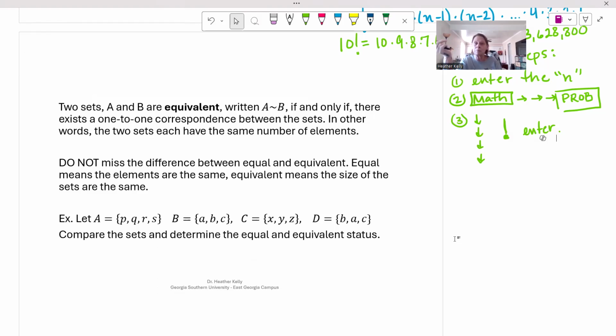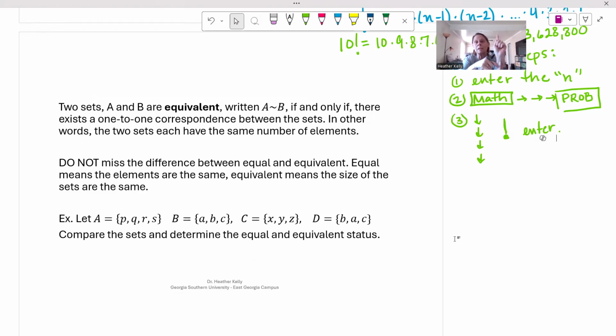And let's remember, what does it mean to have a one-to-one correspondence? It means these sets have to be the exact same size, same number of elements, because each element in set A has to map to a unique element in set B with none left over.